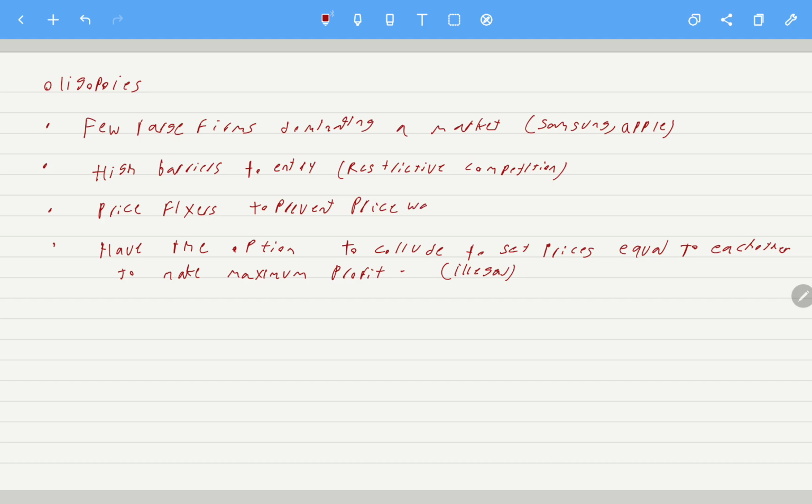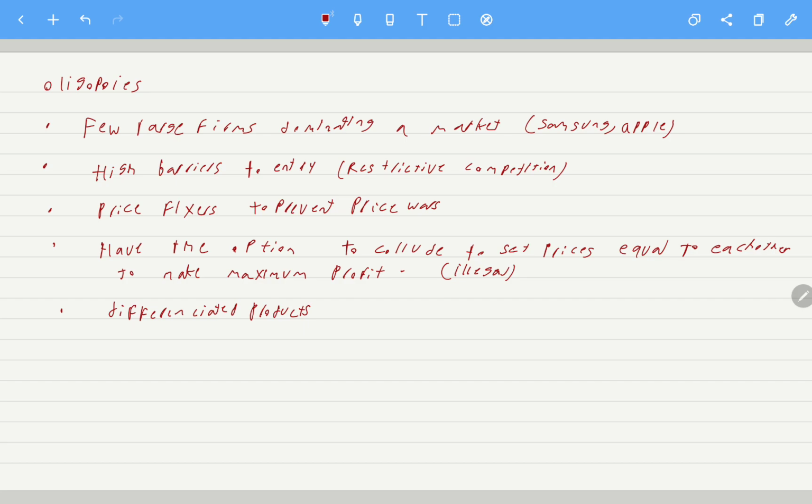They also have differentiated products. They have similar products, but their substitutes can change depending on the differentiated product.